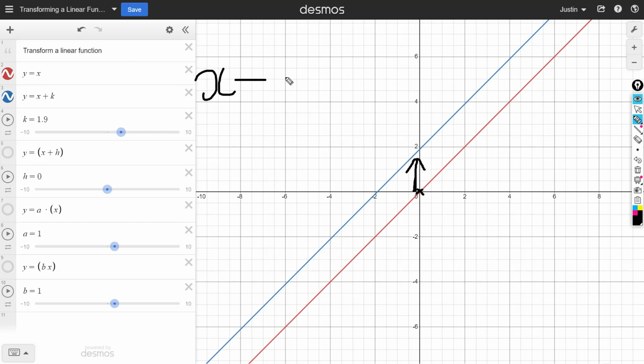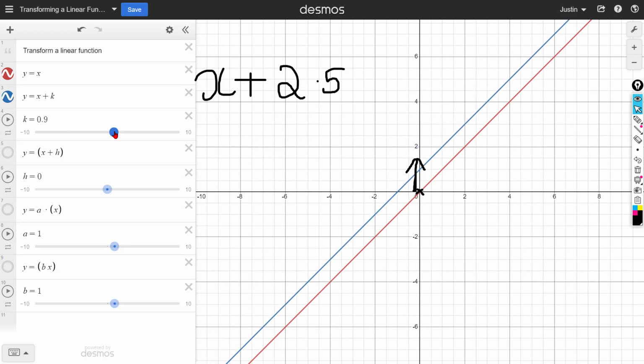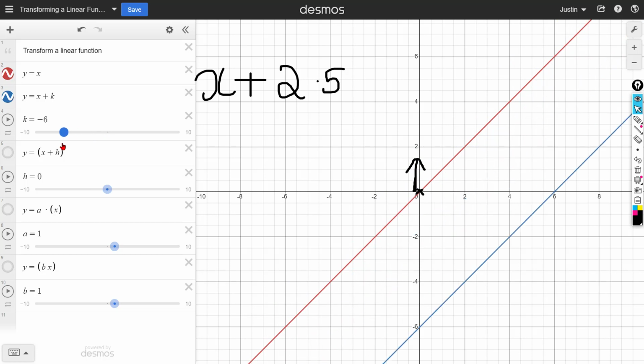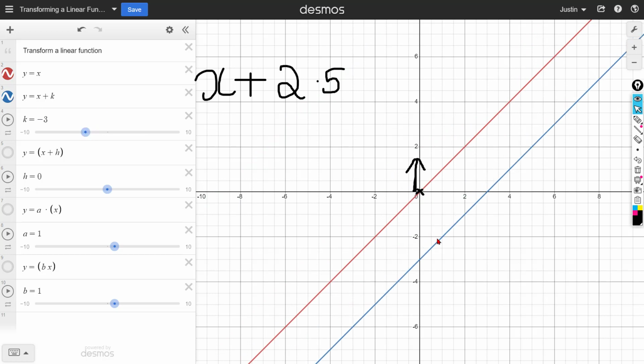If they ask you x plus 2.5, all you need to do is translate this up by 2.5. That would be the graph. You can see instead of 0, it's at 2.5. Same thing with the negative direction, it goes down. As you can see, it goes down or up. If you want minus, say minus 3, it's over here. It's moving down now. This is it about vertical translation.